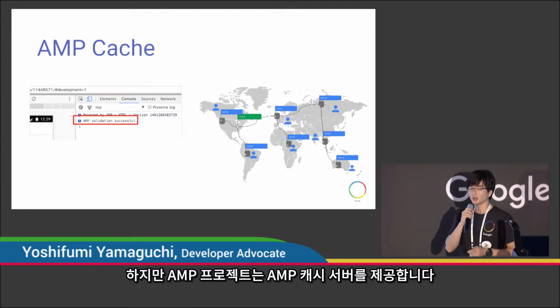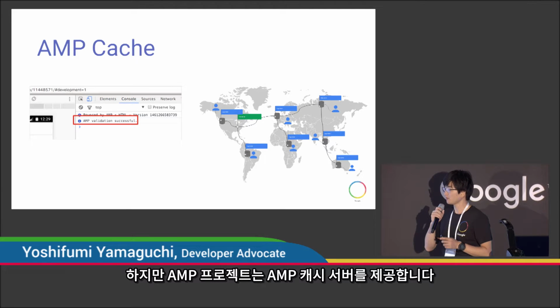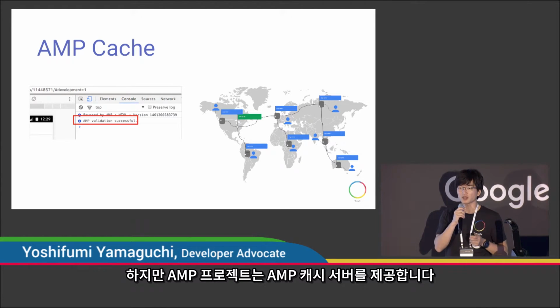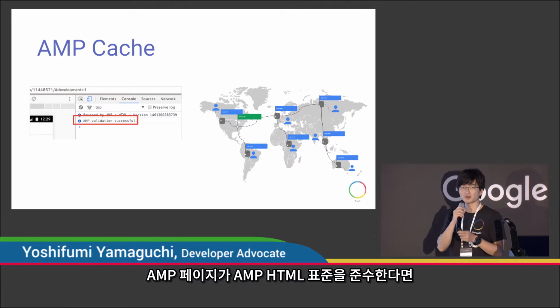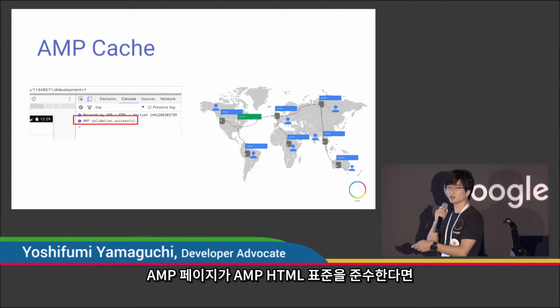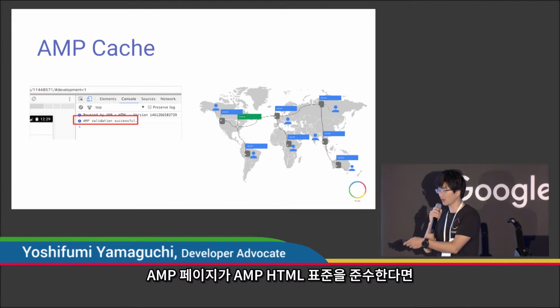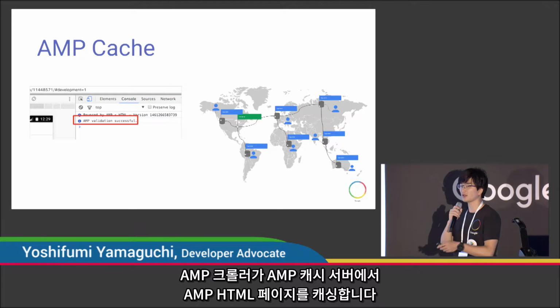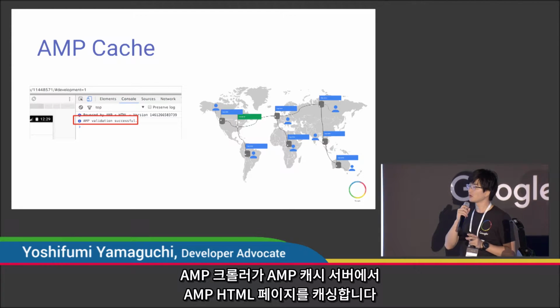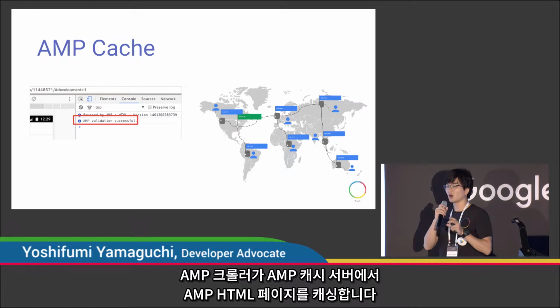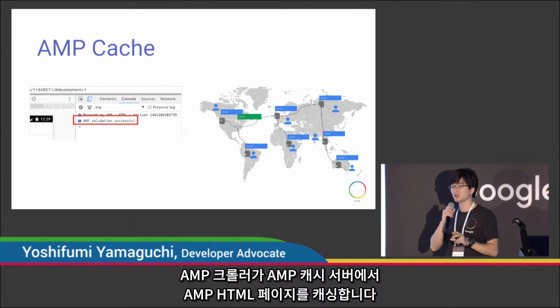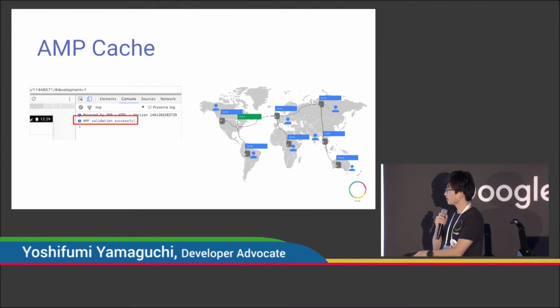But in the AMP project, we provide an AMP cache server. If the AMP page is valid in terms of the AMP HTML specification, then the AMP crawler will cache that AMP HTML page on the AMP cache server like this.